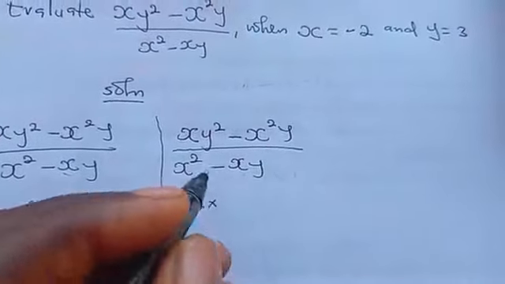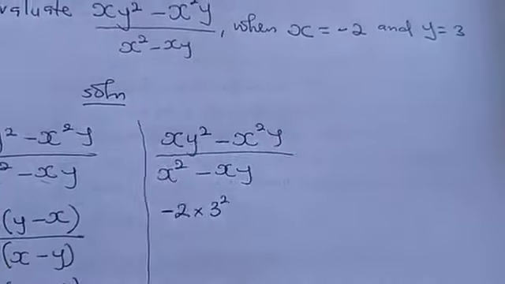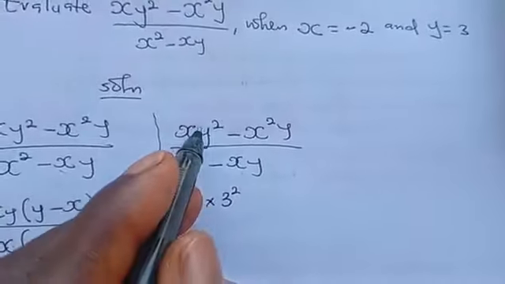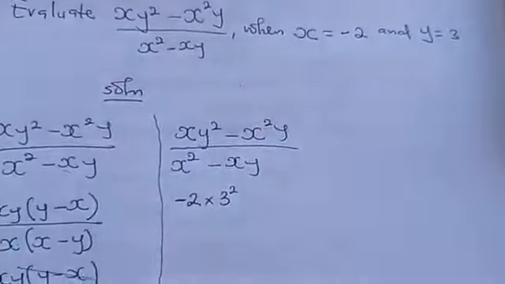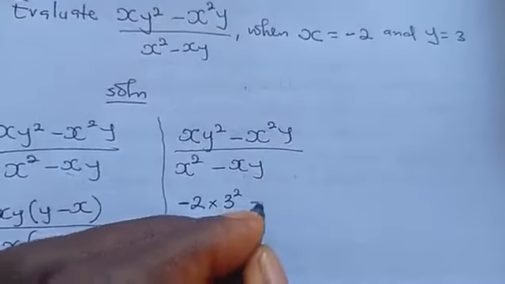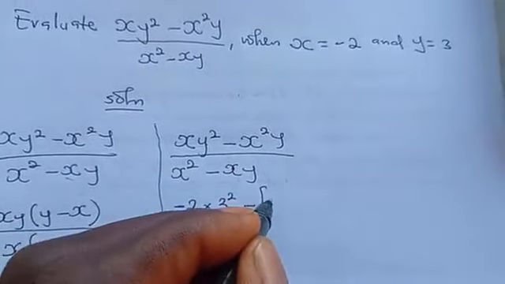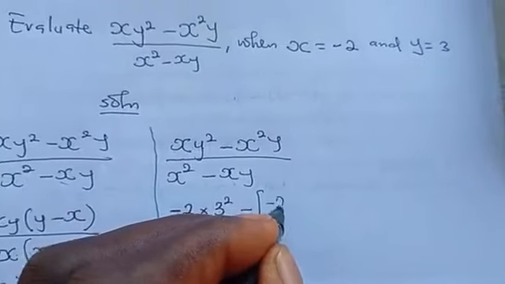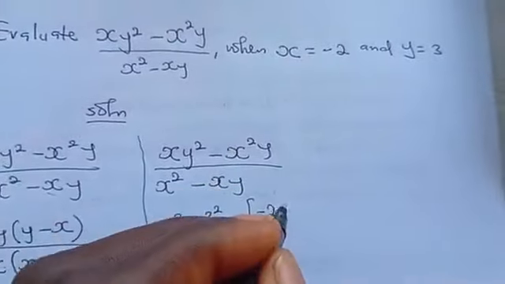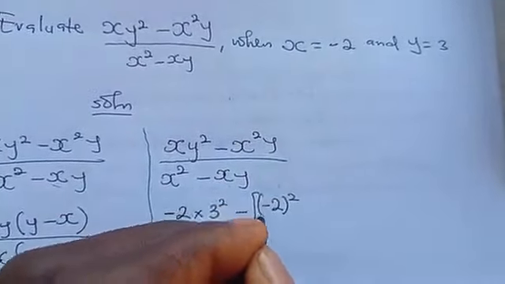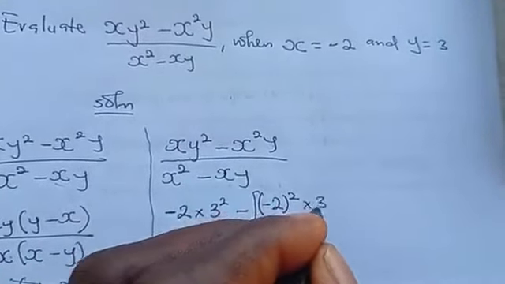We multiply it by the value of y, which is 3 squared. The value of y is 3, so we have the 3 here. We square it as we also have it there. Minus x is minus 2, right? x is minus 2, so we are going to square this minus 2. And we'll multiply the outcome by 3, which is the value for y.